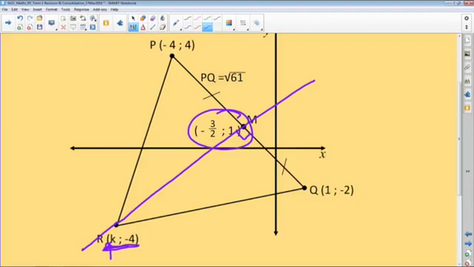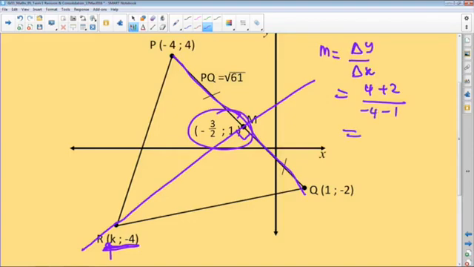But now, because we do not have that, we have that line which is perpendicular to the perpendicular bisector. We can work out the gradient of this line, okay? So we know that the gradient is given by change in Y over change in X, okay? So that's 4 minus 2, which is plus 2, divided by minus 4 minus 1, and that gives us minus 6 over 5.